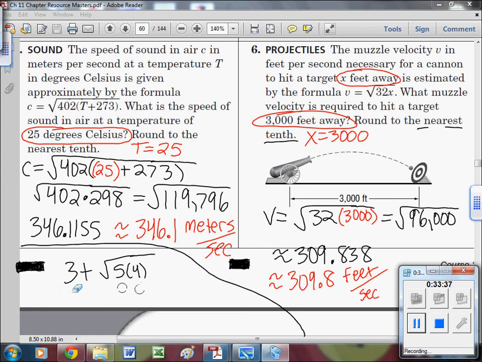I just want to make sure we're clear on that. Or even if this was times 3 out here, or divided by 3, or plus 3, it doesn't matter. You're going to have to do all of this first, so square root of 20, so 4 point whatever, and then add 3. So just be mindful of the order of operations when we do that.